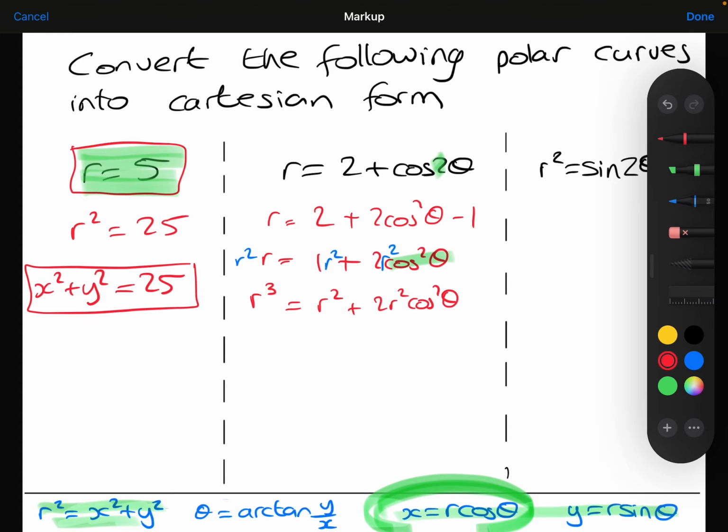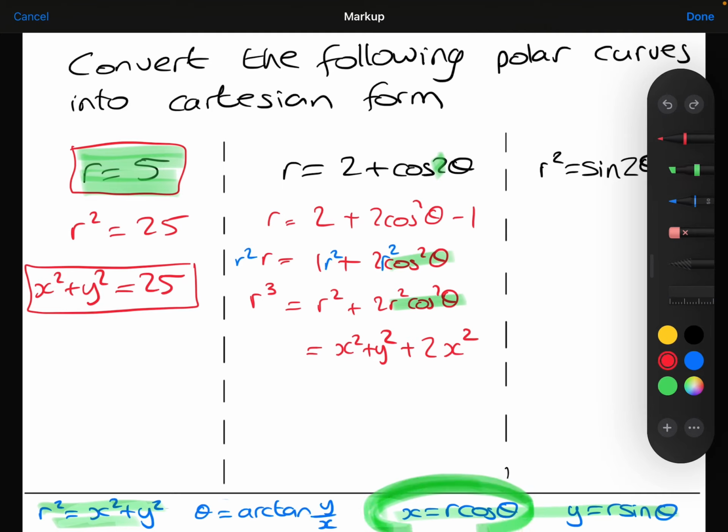I could replace the r squared with x squared plus y squared. The 2r squared cos squared, so r squared cos squared, I can replace that with an x squared. This is the same thing as x squared from here.